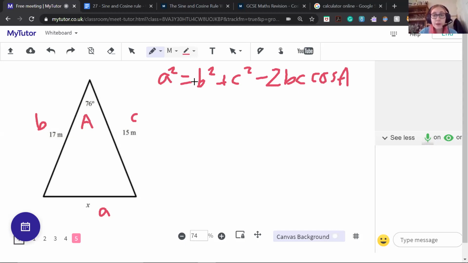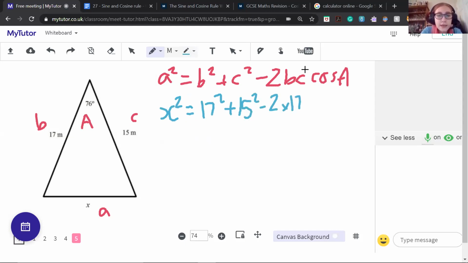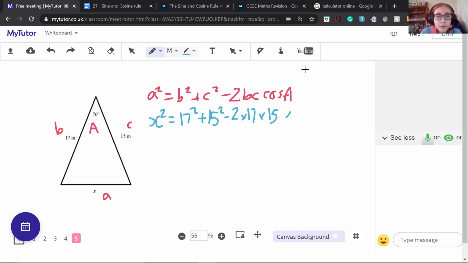And then we're literally just going to plug in these values that we have here into this rule. So a squared, so x squared. In fact, let me do this in a different color. So x squared equals b squared plus c squared minus 2 times b times c times cos A. So hopefully that makes sense where I've got those numbers from.